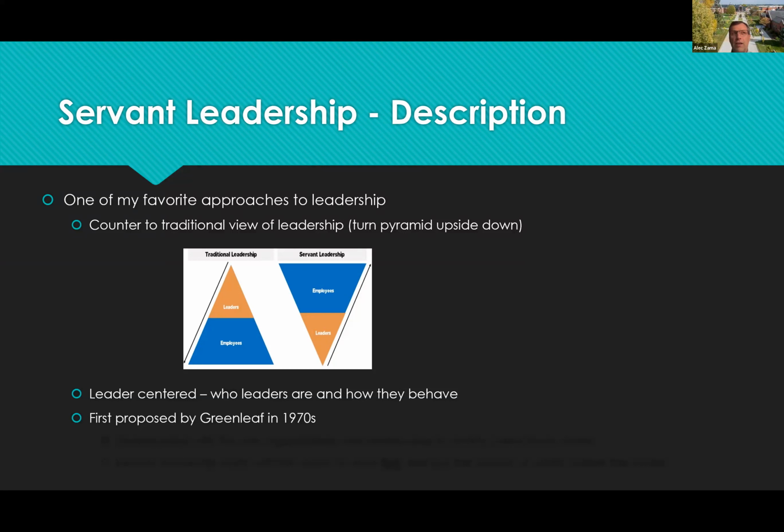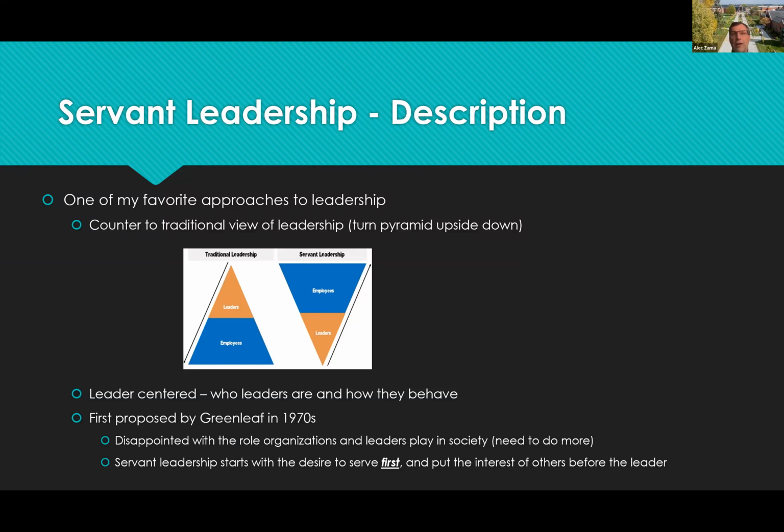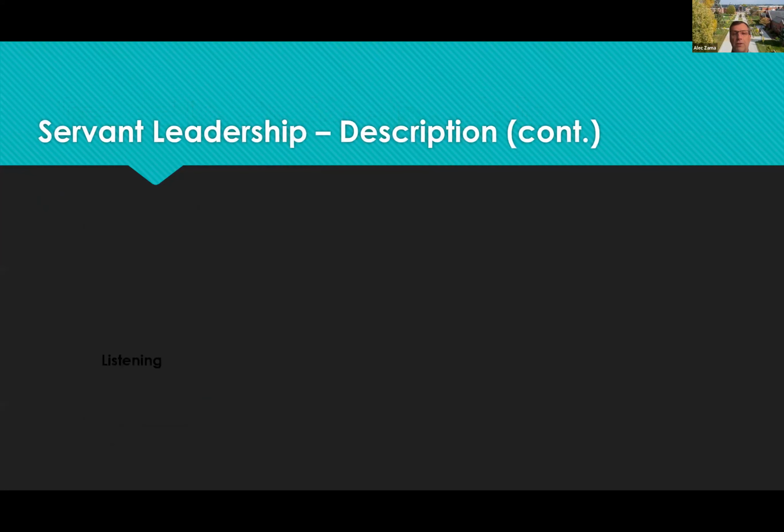He started writing on different aspects of servant leadership. His idea is that servant leadership starts with the desire to serve first and put the interest of others before the interest of the leader.